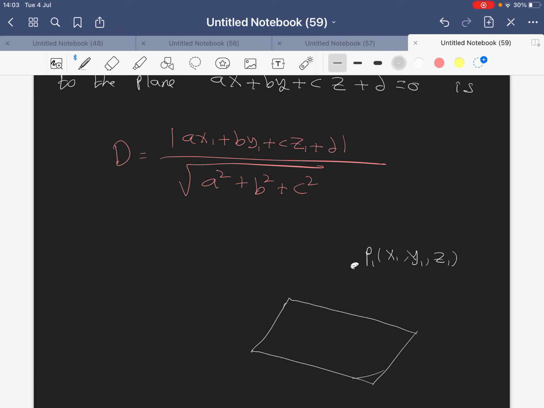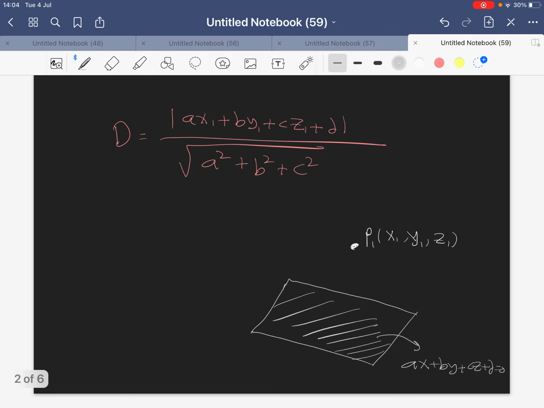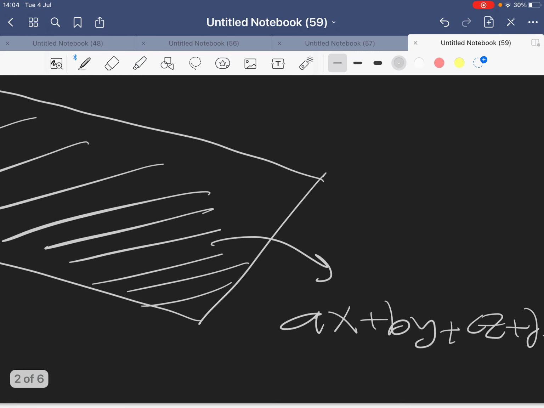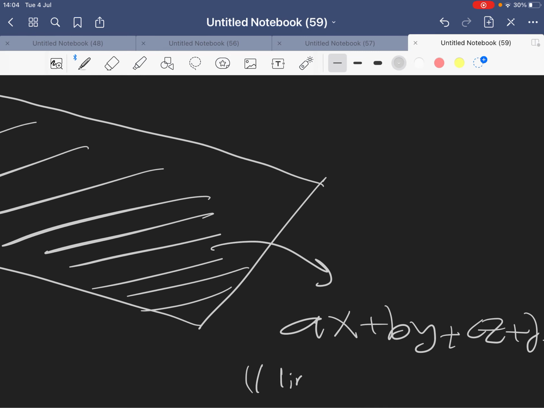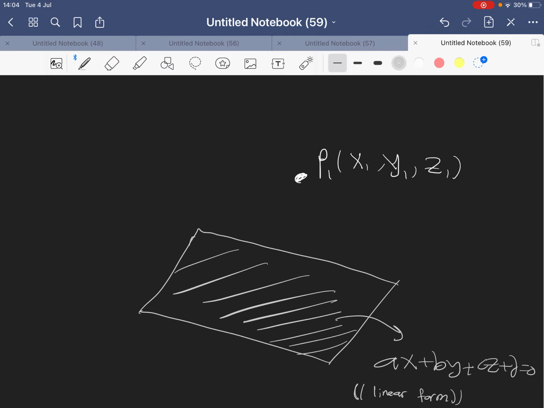And the point is outside the plane. So this plane is ax plus by plus cz plus d equal to 0, which is the most important piece of information. This is in the linear form. So the right hand side is exactly equal to 0.